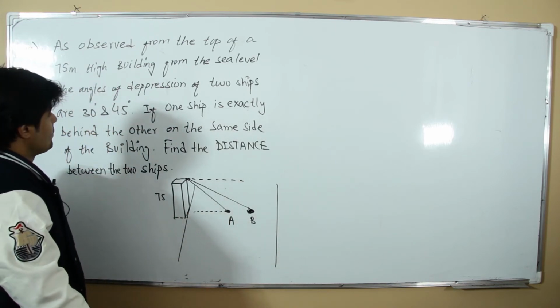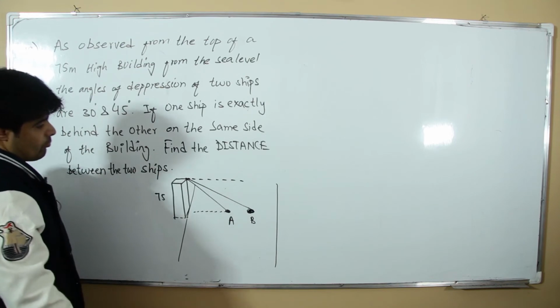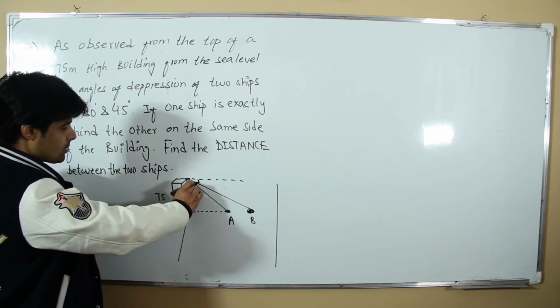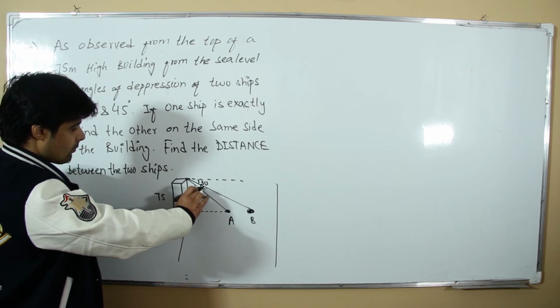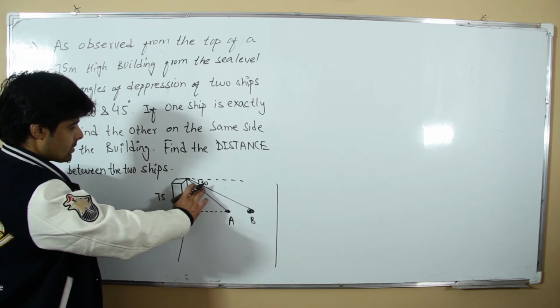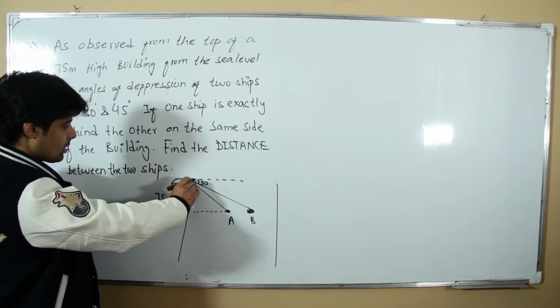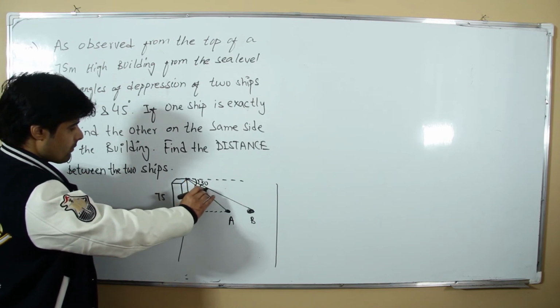What angle of depression is? 30 degree and 45 degree. One is 30 and the next one is 45 degree.